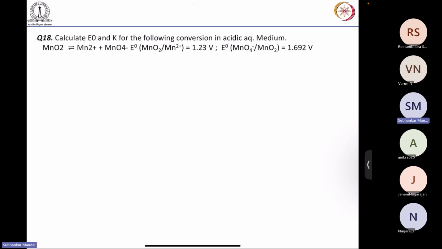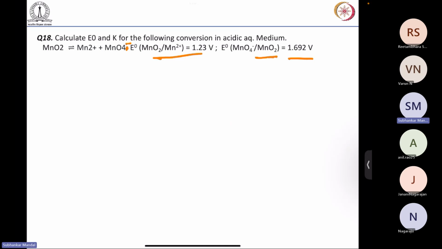Manganese 2 plus going to MnO4 minus. E naught is given for MnO2 to manganese 2 plus, and for MnO4 minus to manganese 2 plus it is given.